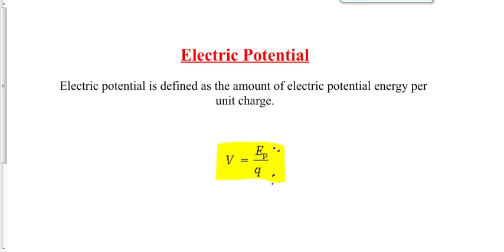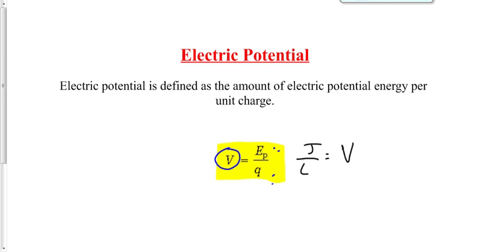The symbol for electric potential is V, a capital V, lowercase v would be speed. It's a capital V, and that's a little bit confusing simply because the units for potential, we look at it, joules per coulomb, but the units for potential can also be volts.